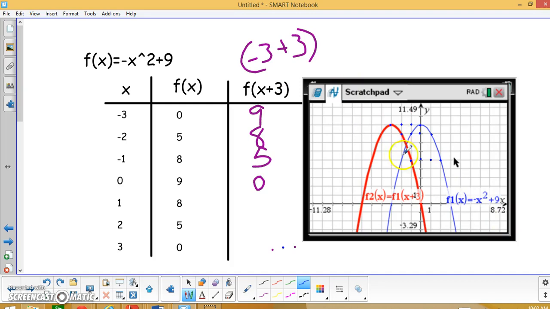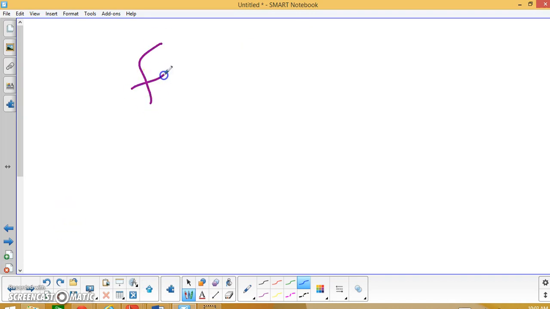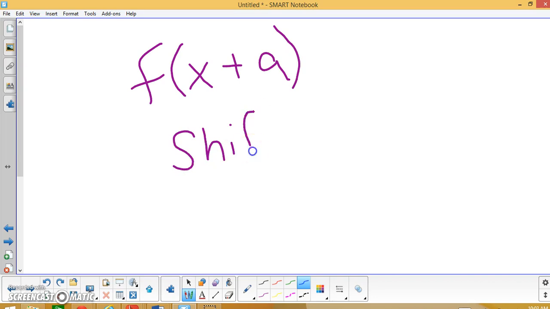So we can continue tracing these points. So like right here, this point will go over 1, 2, 3 units. So what we have here is when we have f of x plus a value within the input, it's going to shift left or right.